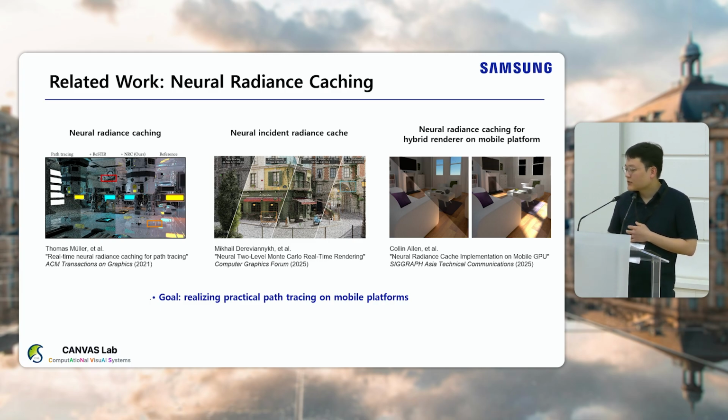Also, recent work demonstrates the implementation on mobile platforms targeting hybrid rendering with reduced resolution. Our main goal is to really bring those Radiance casting techniques to mobile and apply them to practical path tracing.